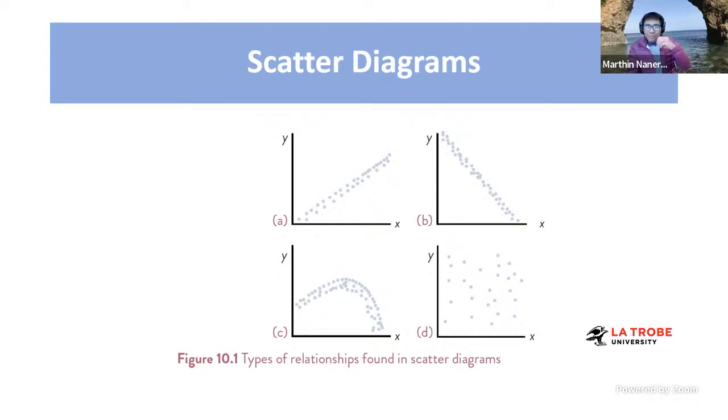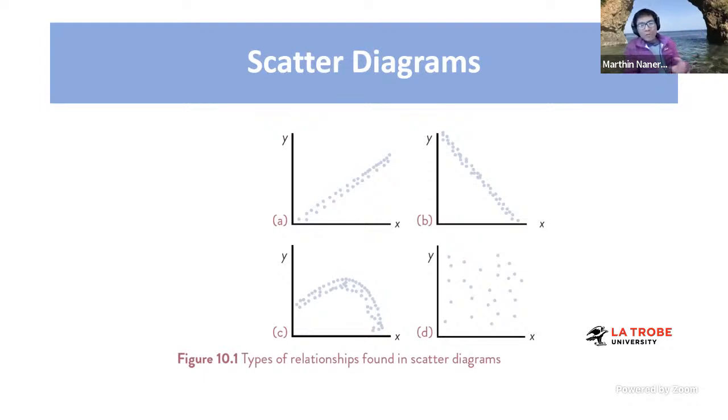You plot all the data for your x and y, in just two dimensions. If it's scattered that way, you can say it has a positive slope. The other one is negatively sloped, and then there is a curved one. And D is basically everywhere; you can't really tell the direction of this scatter diagram.